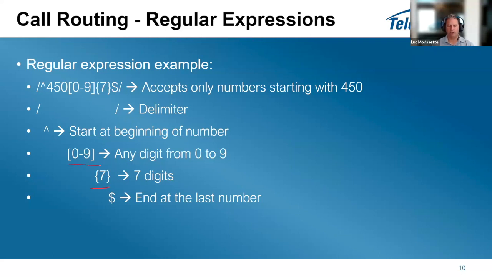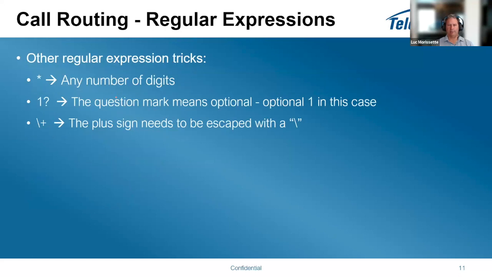So you can have 7 digits here. You could put 10, you could put less than 10. And the $ sign at the end just means that the number needs to end at the last number. Okay, so you cannot have a portion of the number. It needs to be the full number when you put the caret and the $ sign at the beginning and at the end. All right, so this is an example.